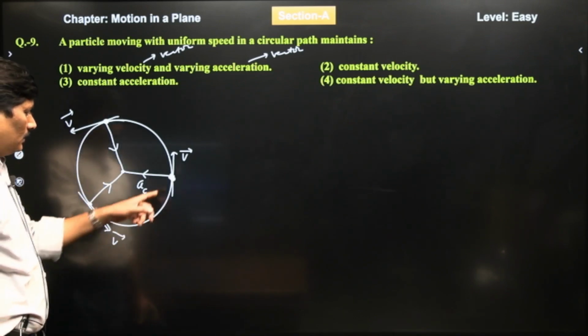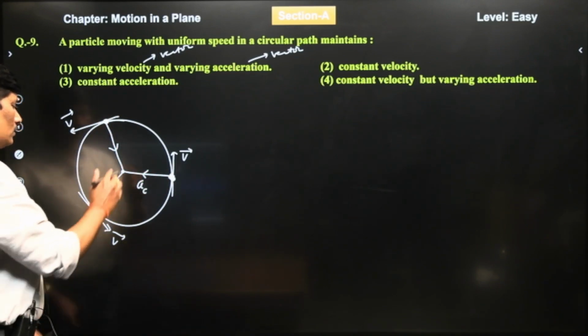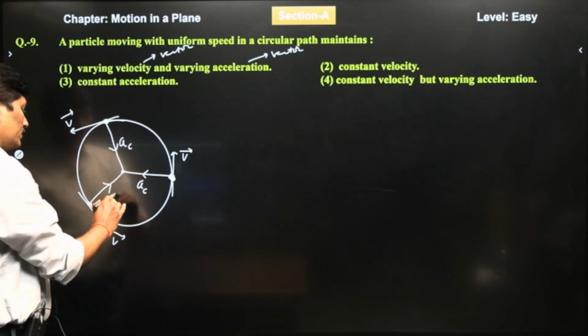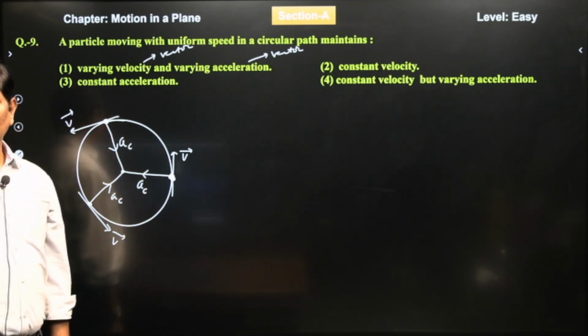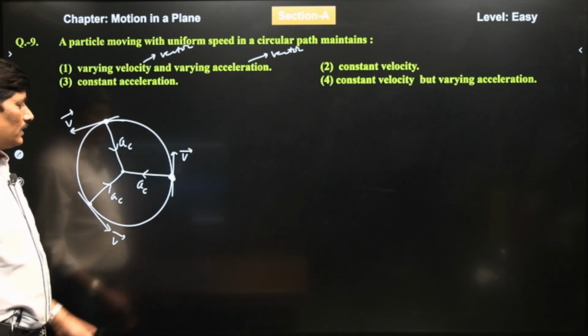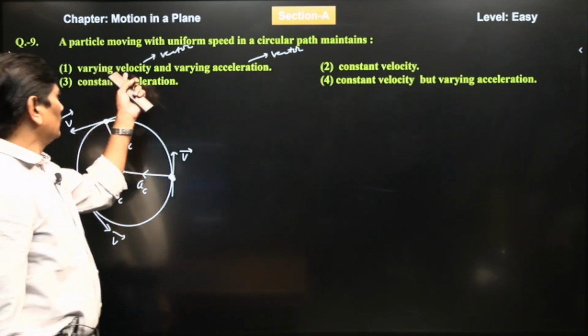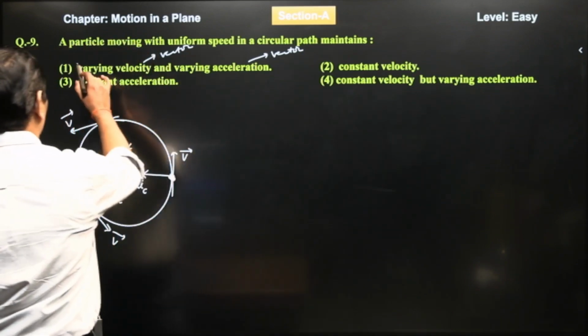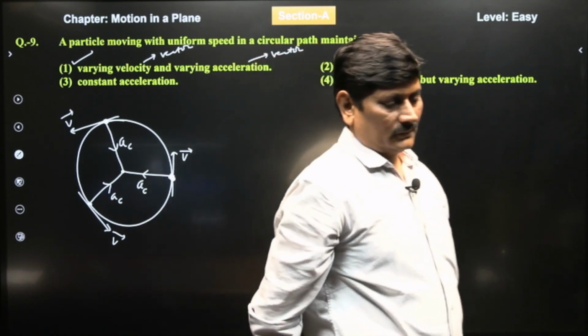So point to point the direction of velocity is changing, point to point the direction of acceleration is changing, but there is no change in magnitude. Even though there is no change in magnitude, as the direction is changing, they come under variable quantities. So varying velocity and varying acceleration, that option will be the right one. So, basic concept.